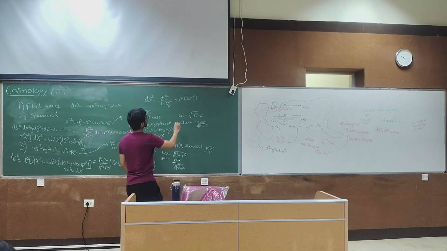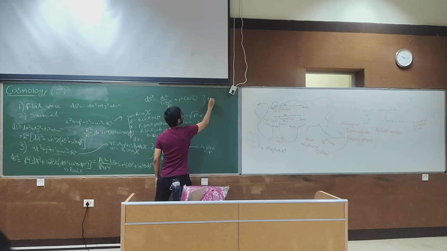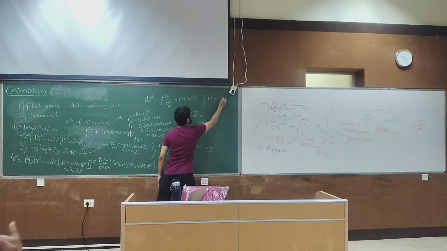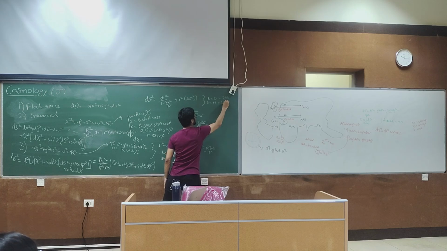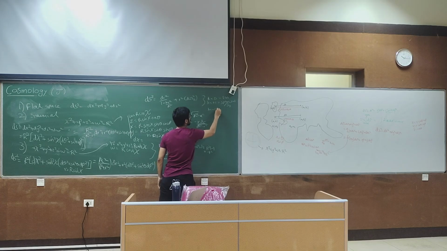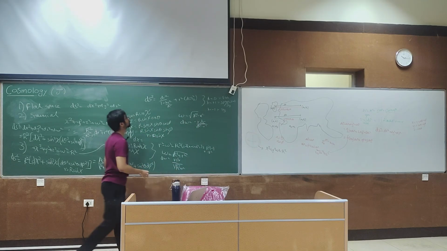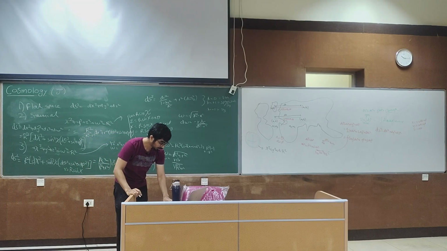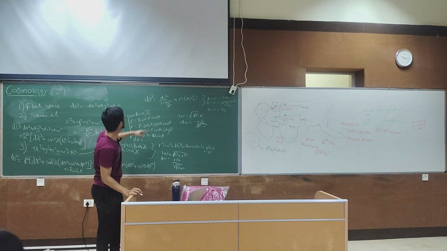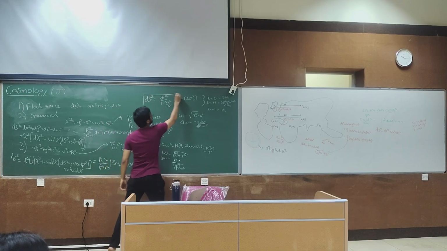Here k equal to 0 means flat space, k equal to plus 1 means spherical or S3, and k equal to minus 1 means hyperboloid or H3. So this is the metric which we will be using, an important metric.